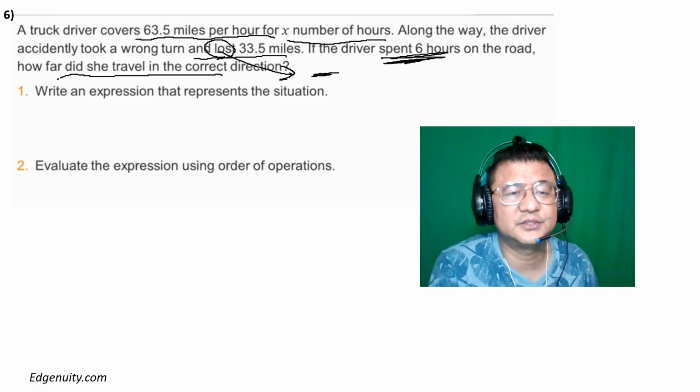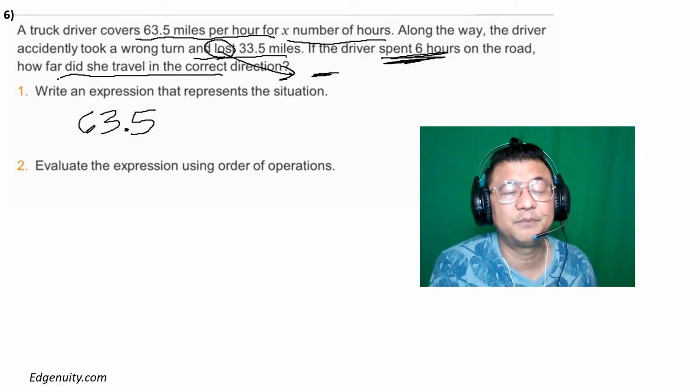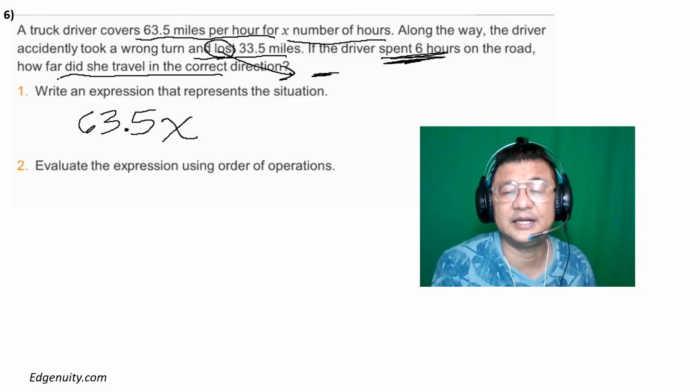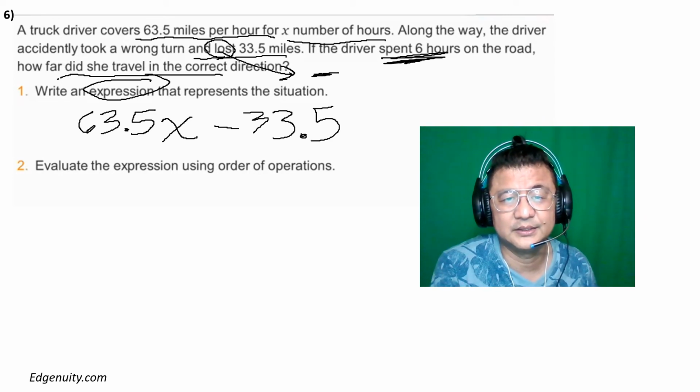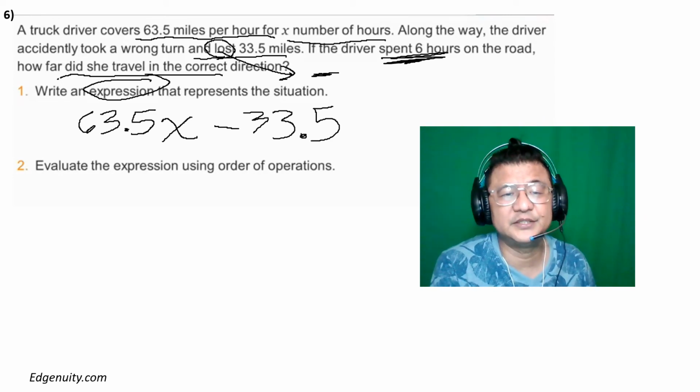Okay, so let's see now. So remember, 63.5 miles per hour. We don't know how many hours she traveled. Yes, we will check it out later. But after driving that, she lost, so minus 33.5. We need an expression here, so we leave it that way. Okay, now, on the second part, they told you already, but look, this is per hour. I already know that x is equal to 6.